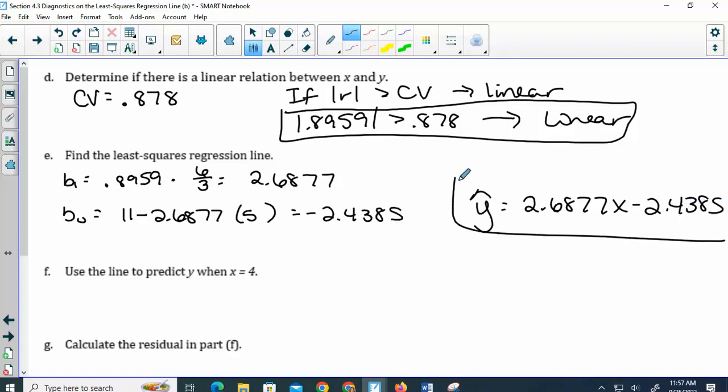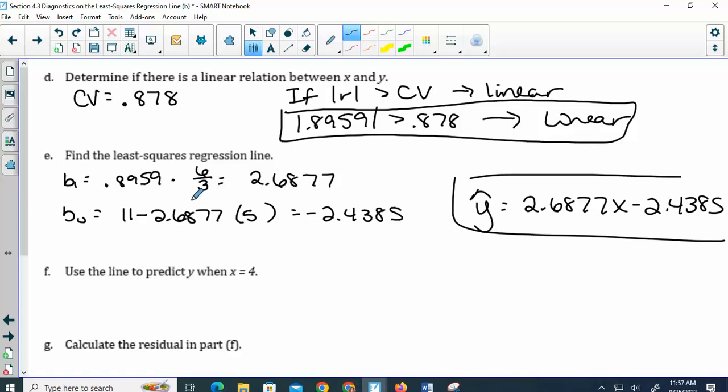Let's verify it on our calculator. So if you go to stat, calculate number 4, it tells us y equals ax plus b, a 2.6875, b negative 2.4375. Why are we slightly off? Rounding error. But we're pretty close. So it's a pretty good estimate. Any questions there?